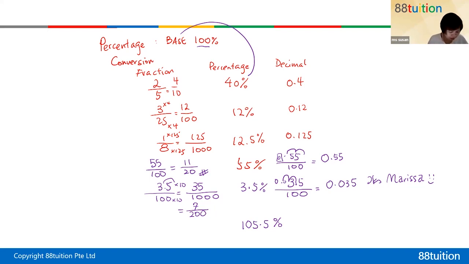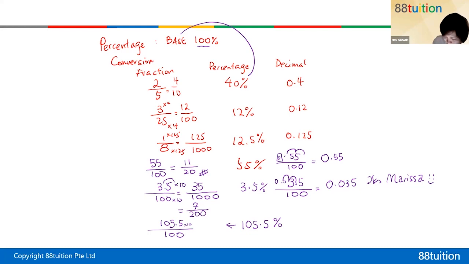Fractional. Anyone? 1.055? Okay, how can it be a fraction? How come you give me 1.055? Fractional first, okay? We try to do fractional. That means for this one, it will be 105.5 divided by 100.